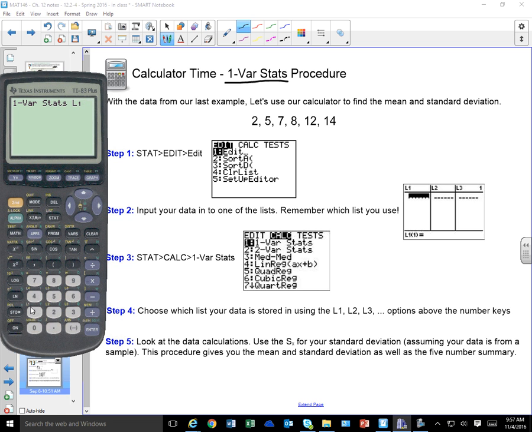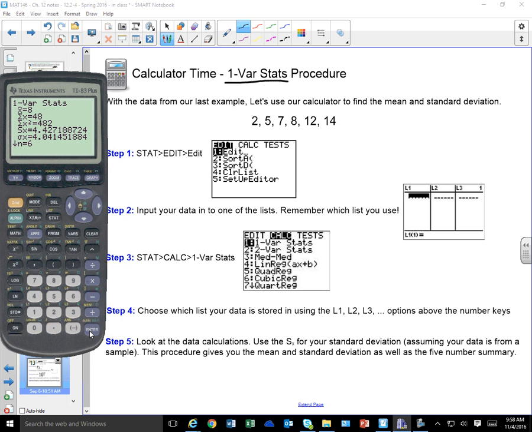So I do the second and 1, because all these yellow ones here are the lists for our data. Mine was in L1, so I chose the L1. If yours has a prompt, you just want to put L1 for the data, and then for the frequency list, make sure that's blank because we don't have a frequency for ours. Then you push enter.